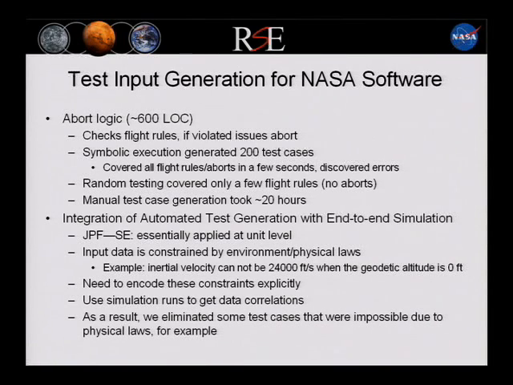In some sense, it was the ideal application for symbolic execution that tries to go systematically through all the conditions. So we checked this abort logic that has a lot of conditions that encode the so-called flight rules. And if these flight rules are violated, the logic is supposed to issue an abort.